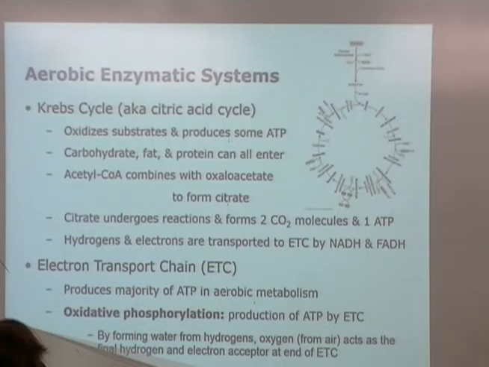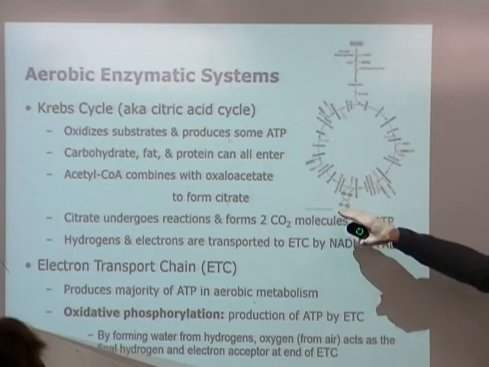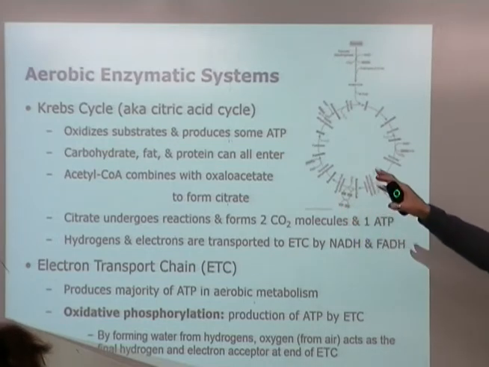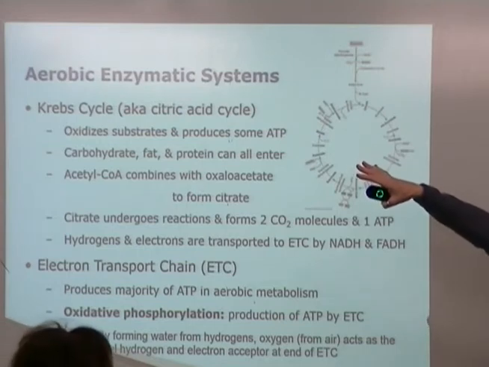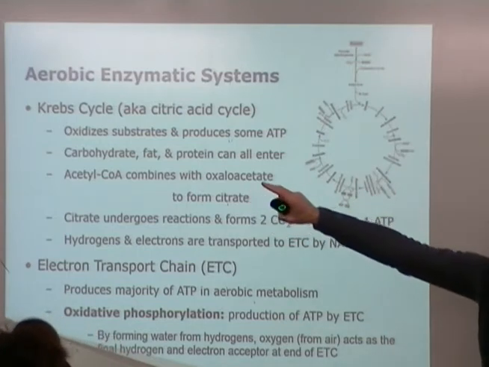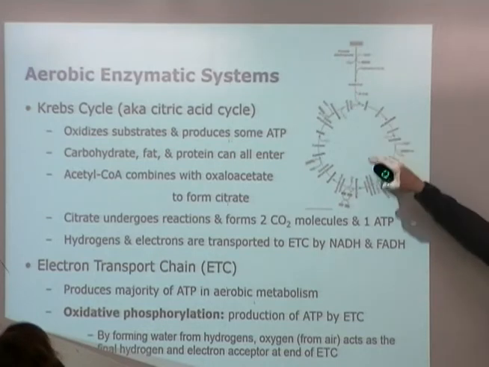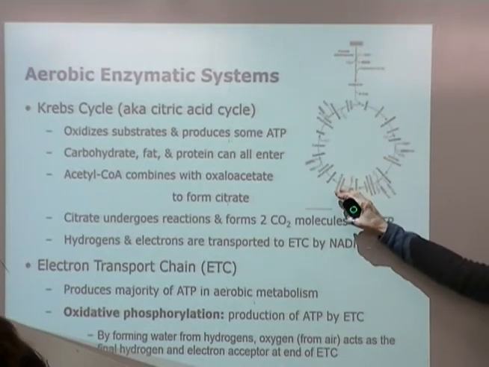So for every 2 carbon acetyl-CoA, we get 1 ATP. Well, then out of my carbohydrate, I only got 2 pyruvates, which means I only get 2 acetyl-CoAs. I only get 2 more additional ATPs.